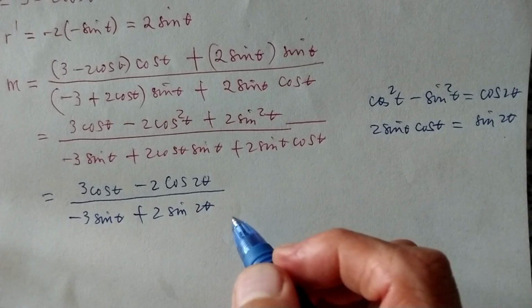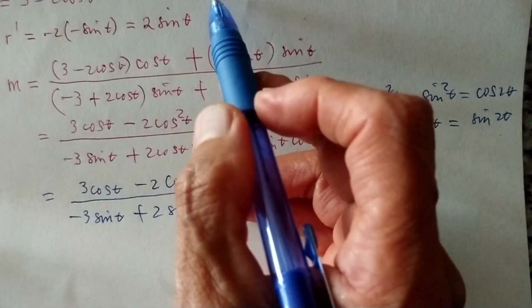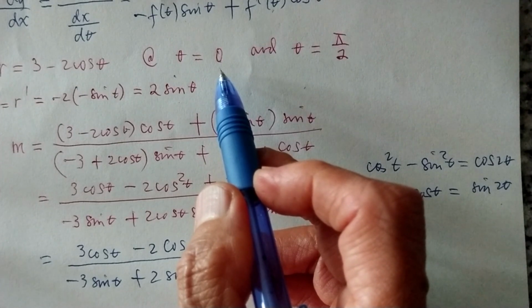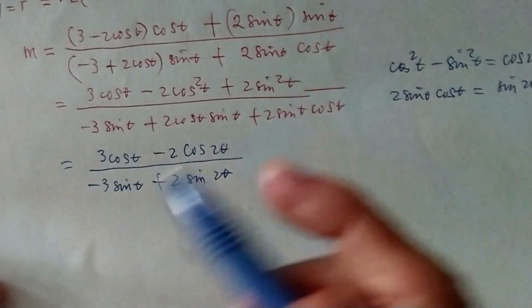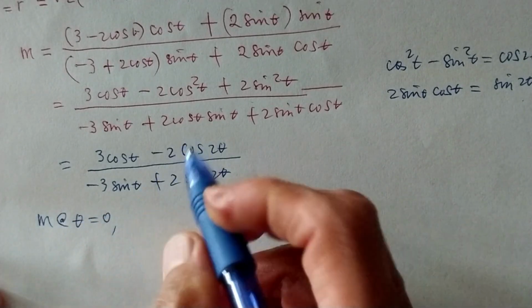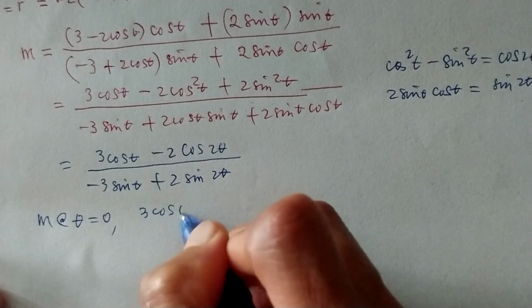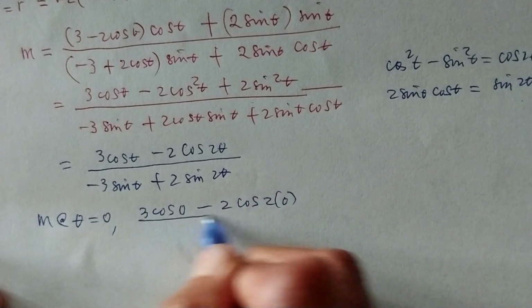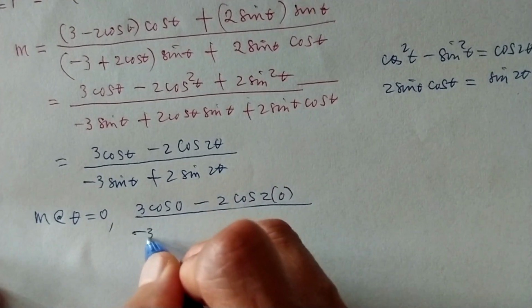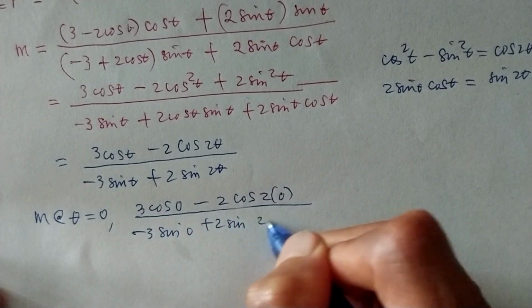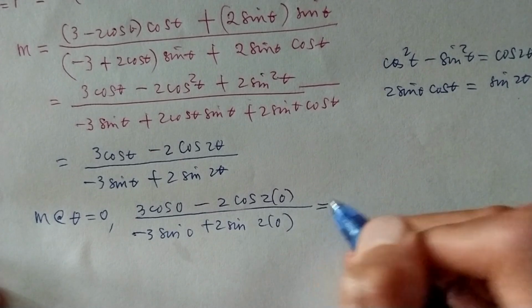Now we evaluate the slope at 0. That's our first question. What is the slope at 0? So we have m at 0. We get 3 cosine 0 minus 2 cosine 2 times 0, everything divided by negative 3 sine 0 plus 2 sine 2 times 0.